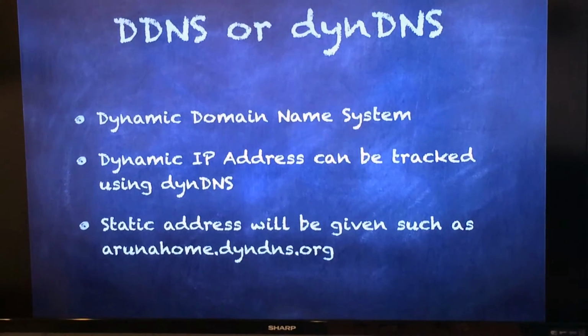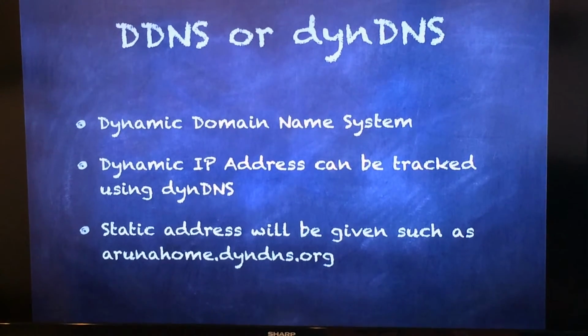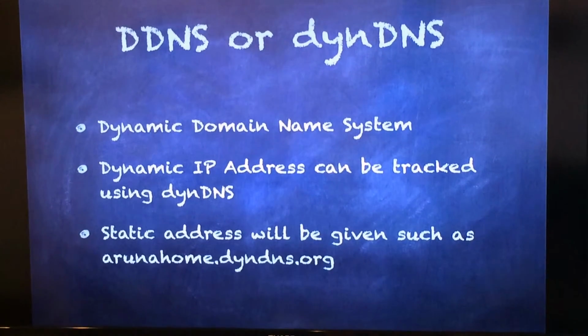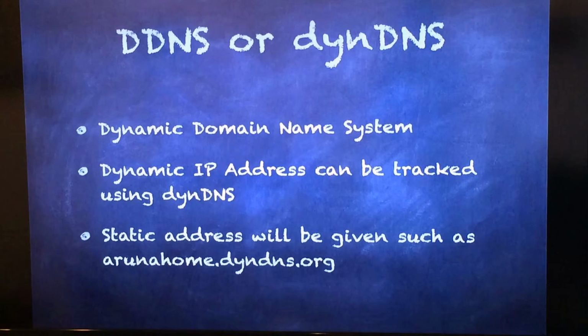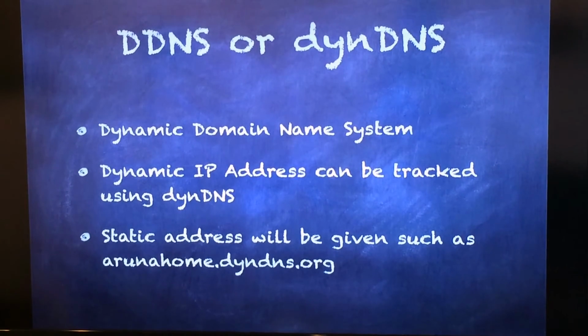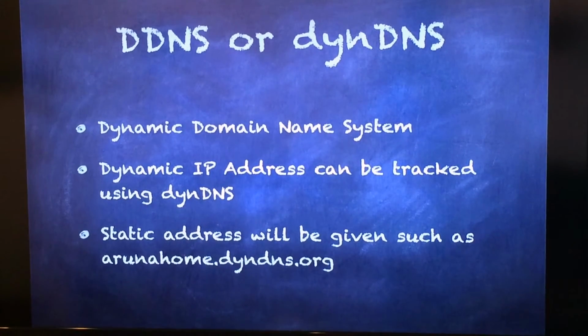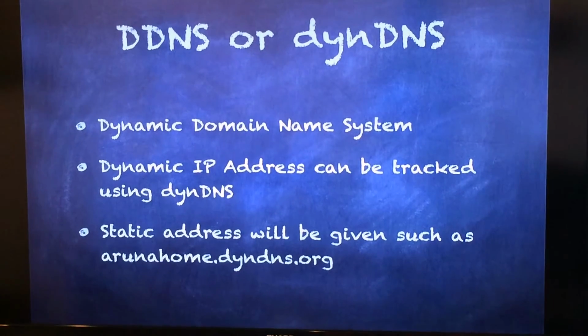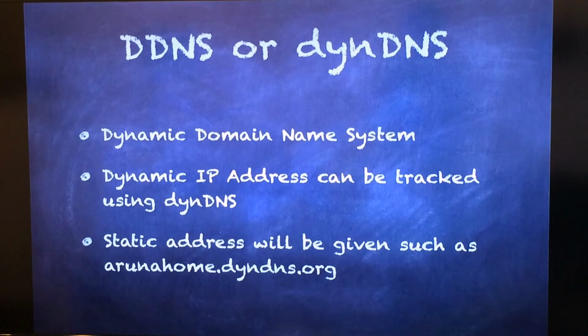DDNS or dynDNS stand for Dynamic Domain Name System. As we mentioned before, many IP addresses are dynamic, meaning that they are continuously changing. We can use dynDNS to track dynamic IP addresses.